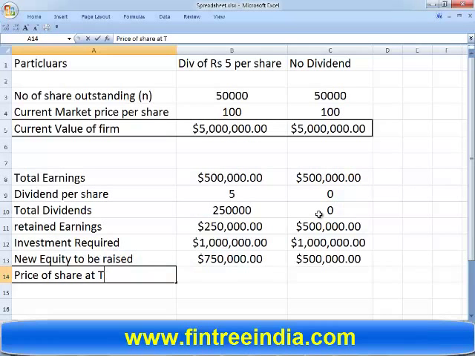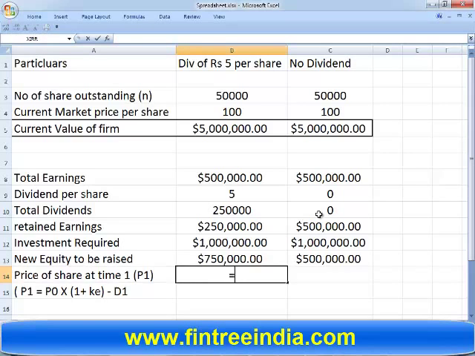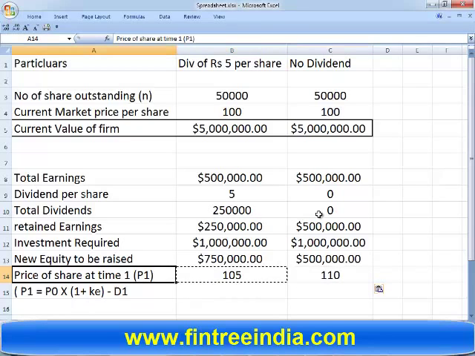So we will call this time 1, and its name will be P1, calculated as P1 is equal to P0 into 1 plus KE minus D1. Cost of equity was given as 10%. So 100 into 1.1 minus 5, and this would be 110.